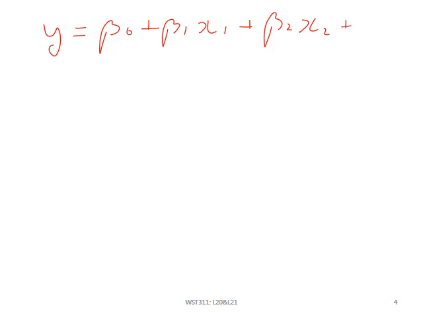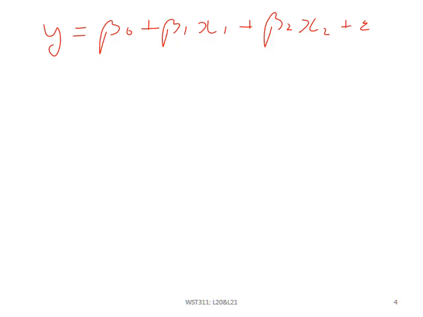For example, let's consider a multiple linear regression model with two explanatory variables. We have y equals beta naught plus beta 1 x1 plus beta 2 x2, the two explanatory variables x1 and x2, plus an error.